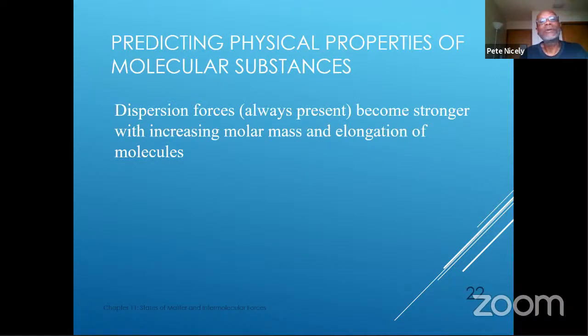Okay, so we can predict the physical properties of molecular substances based on the different types of forces that exist, all right? We talked about dispersion forces, which, as I said before, are always present. Every molecular compound will have dispersion forces between the molecules in that compound. What you'll find is that these forces become stronger with increasing molar mass and also with elongation of molecules. We referred to the increase in molar mass before because iodine will have stronger dispersion forces compared to H2.